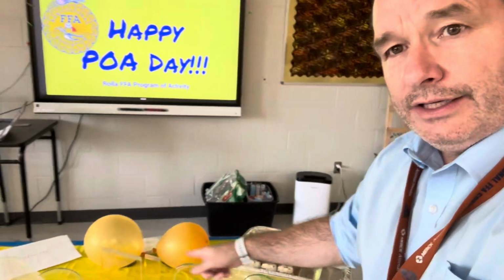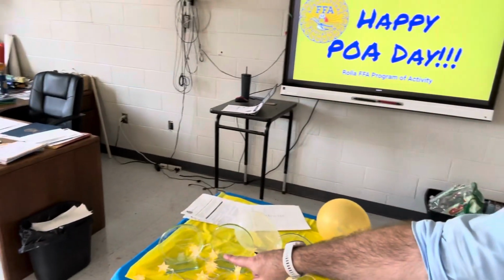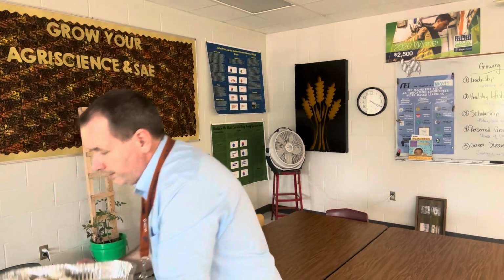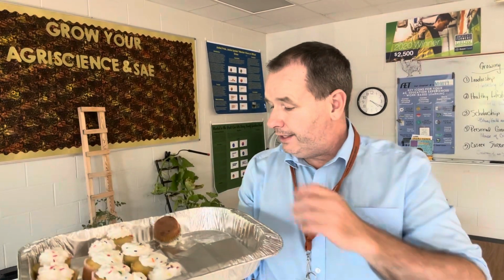So our national chapter awards are over there. Let's see if I can bend you guys down here. We decorate the table. We also put our current awards that we have earned for our national chapter here, because I tell the kids in the end, our POA becomes our national chapter application. So we decorate, but then we also support, our second goal is we support a local baker.